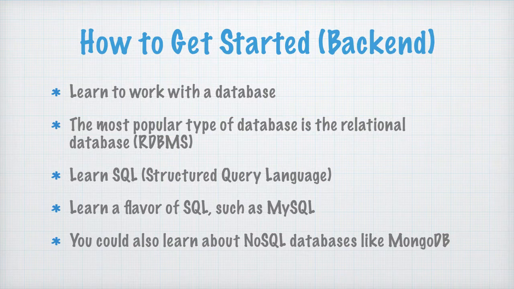Then, once you get a language down, you can learn a web framework that works with that language. And then finally, you need to learn some kind of database, the most popular one being SQL, a relational kind of database. You can also try NoSQL if you want, but I highly recommend SQL.